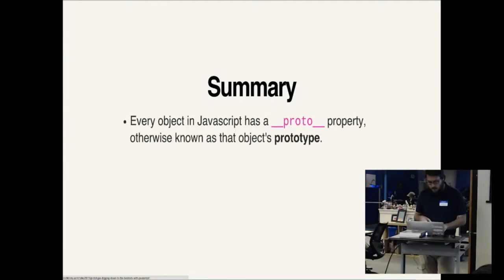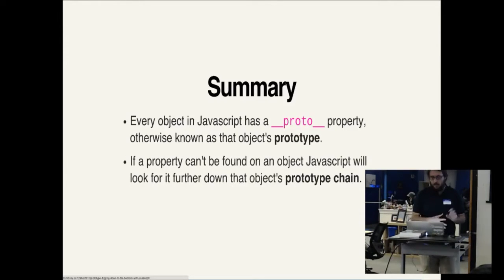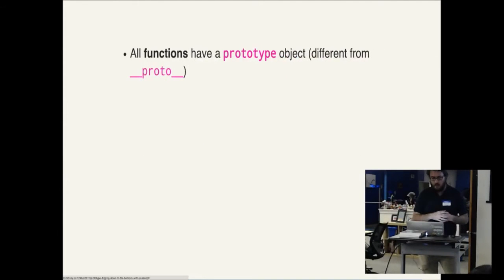So, summary. Every object in JavaScript has a proto property, and that points to that object's prototype. If a property can't be found on the object, JavaScript is going to use its prototype inheritance mechanism to look for that property further down its prototype chain. All functions have a prototype object, and this is different from its actual prototype.